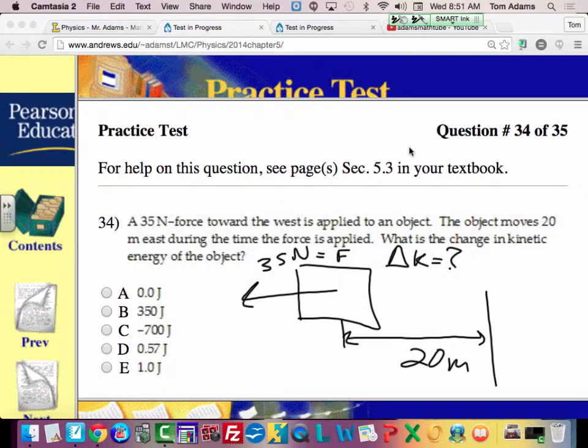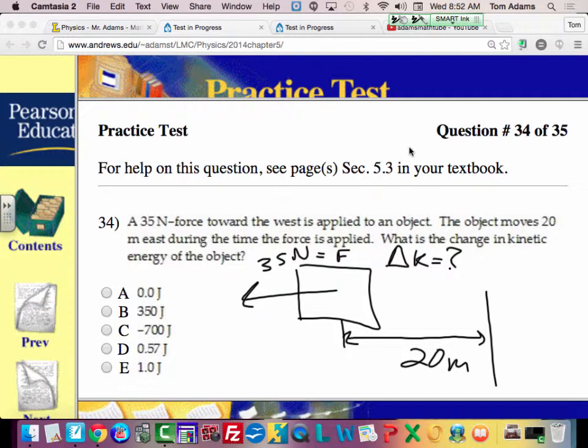Delta K is the final kinetic energy minus the initial kinetic energy, right? But the formula for that is 1/2 times the mass times the velocity squared, right? We don't know the mass, so we can't do that. We don't know the velocity, so we can't do that.